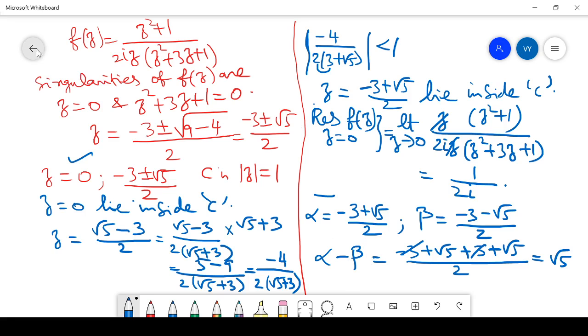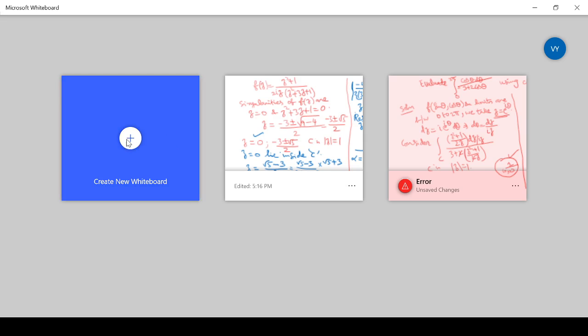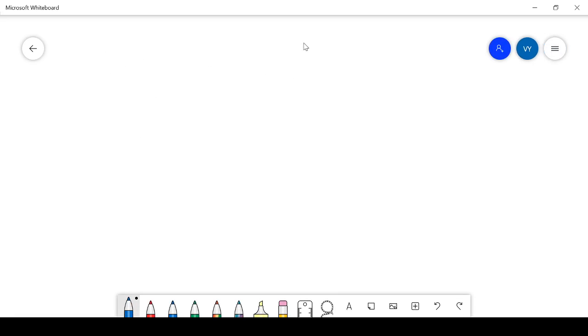So now what I have to do is calculate the residue of f of z at z equal to alpha.